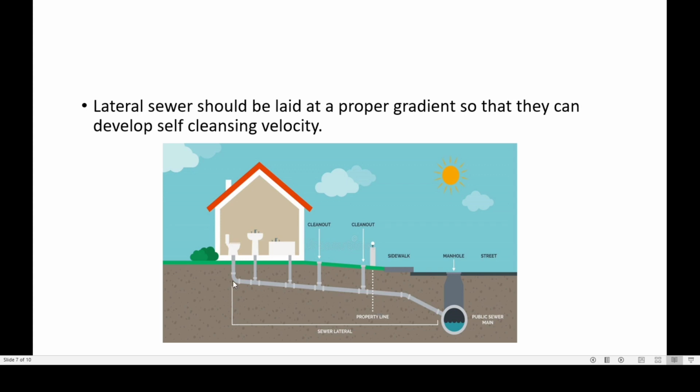It is laid at proper gradient so that it can develop self-cleansing velocity up to about this flow. You can see the manholes, the soap, the side wall. That illustration is enough to explain that point.